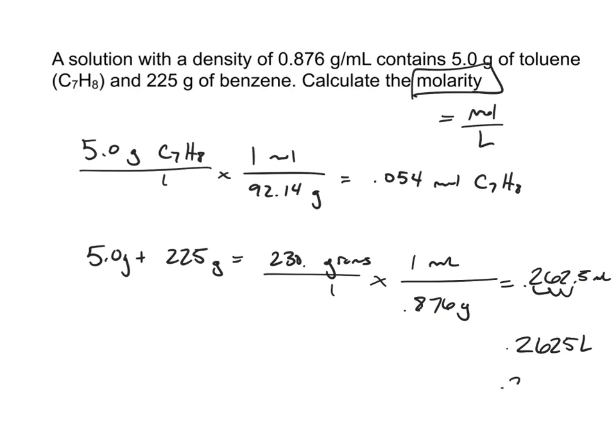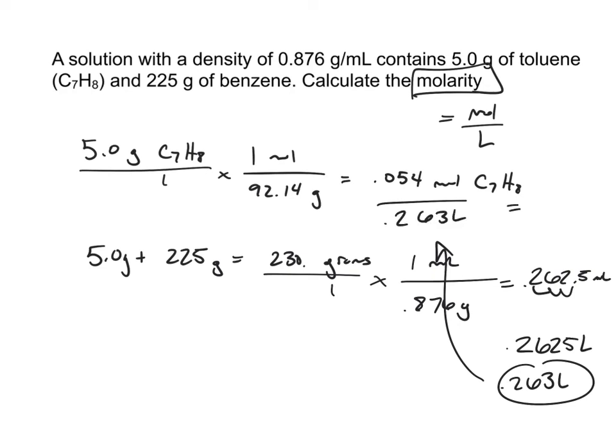So it's 0.263 liters, and now I'm going to plug it in right up here. So I take 0.054 moles of the solute and divide by 0.263 liters, and I should get a molarity of 0.207 molar, and that's my answer.